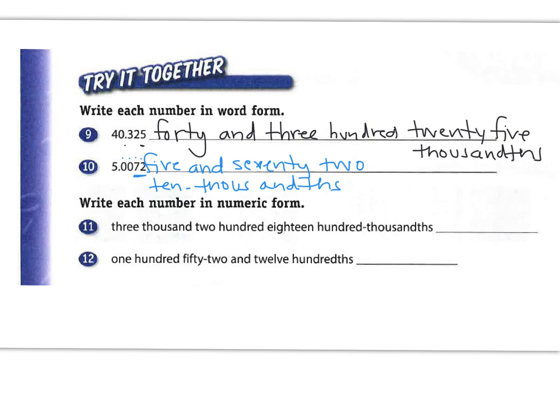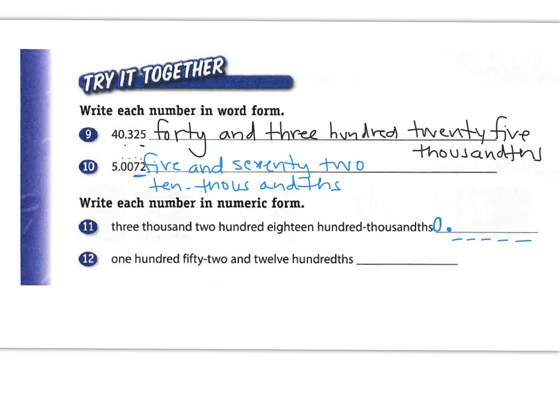All right, this says write each number in numeric form. 3,218 hundred thousandths. So we have no whole numbers. So, but we have 3,000, and we need to end in the 100,000ths place. So tenths, hundredths, thousandths, 10,000ths, 100,000ths.